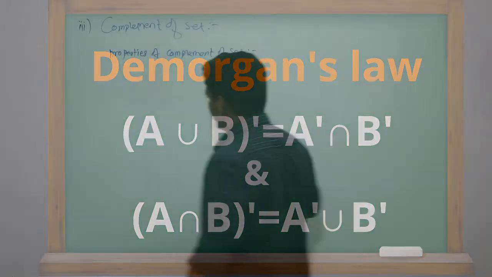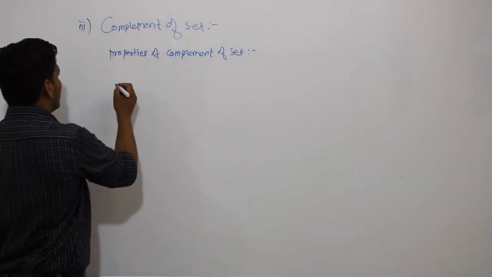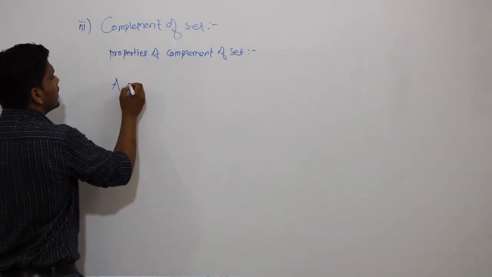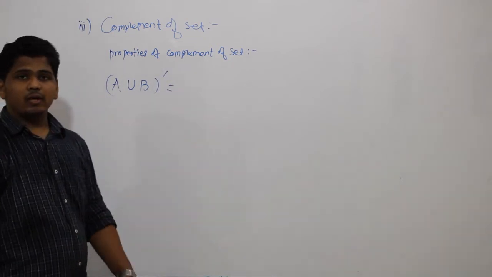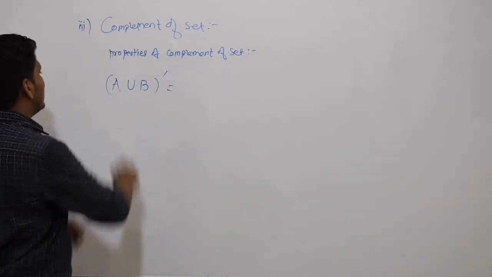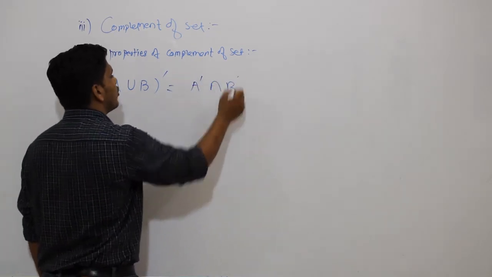Okay, the last but not the least property: A union B complement. What will be my A union B complement? It will become A complement intersection B complement.